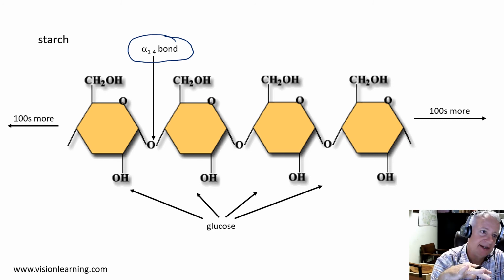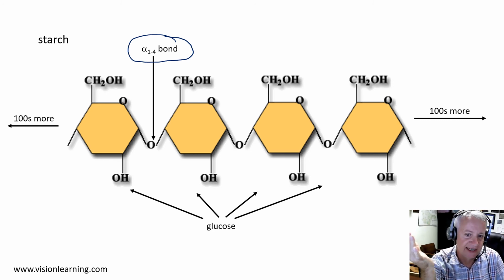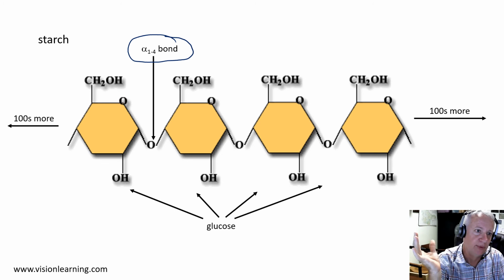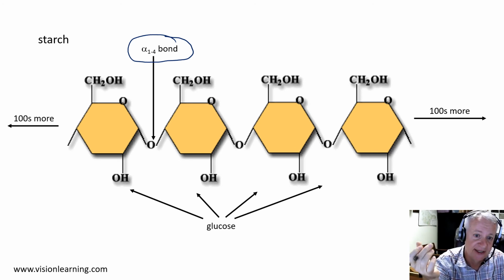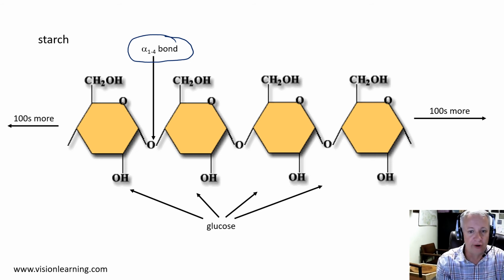And in contrast to cellulose with beta 1,4 bonds, the alpha 1,4 bonds in starch are readily degraded by enzymes in many organisms. And that then makes starch useful for what it is, which is a storage molecule. Starch is the primary storage molecule for carbohydrates in plants.